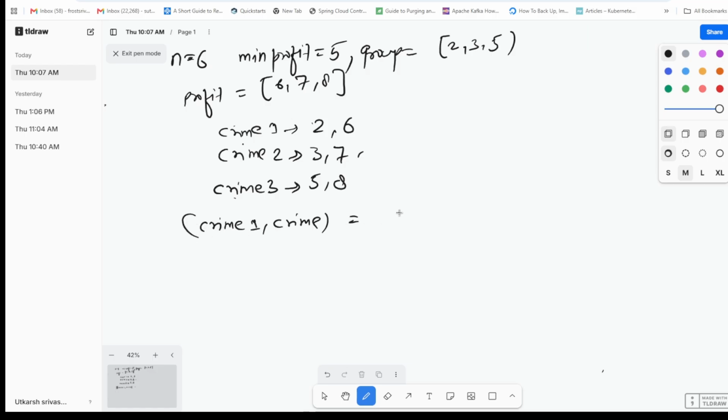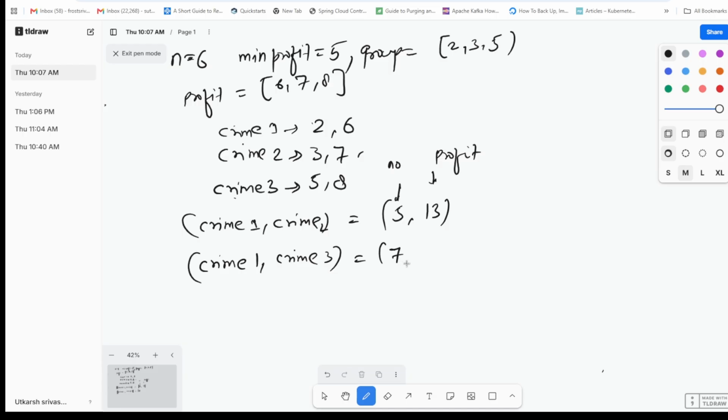Because the number of persons required is 5 and the profit that we will make is 13. This is the number of persons and this is the profit that we made. And if we perform crime 1 and crime 3, then we will need 7 members, right? Which is not possible since at most we can take only 6 members. So this combination is totally not possible.